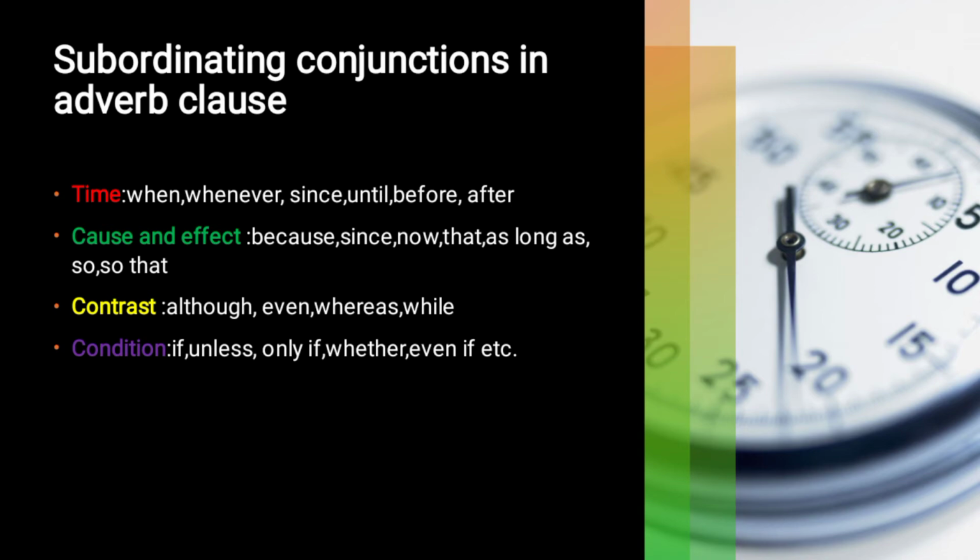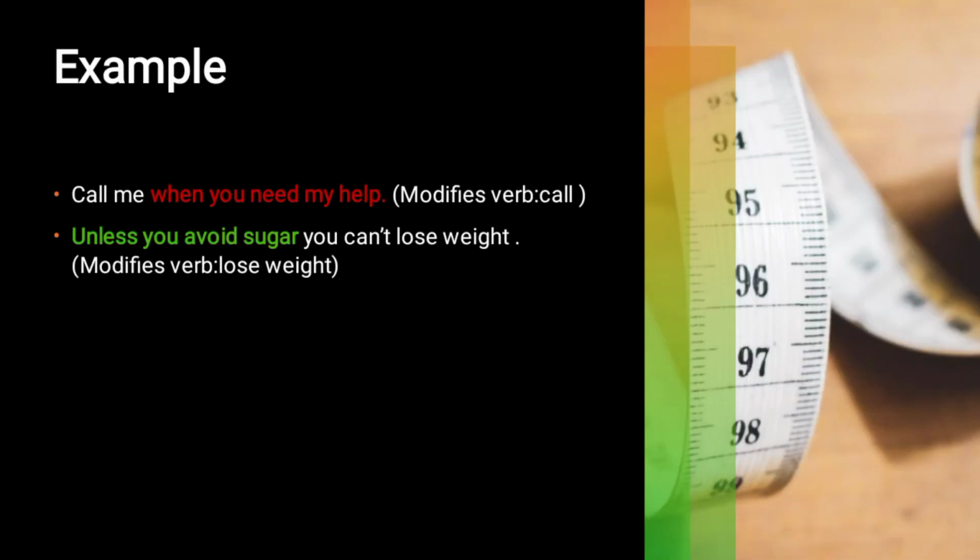For time markers we have when, whenever, since, until, before, after. For cause and effect, because, since, now that, as long as, so that. For contrast, we have although, even though, whereas, while. For condition, if, unless, only if, whether, even if, and words like that.